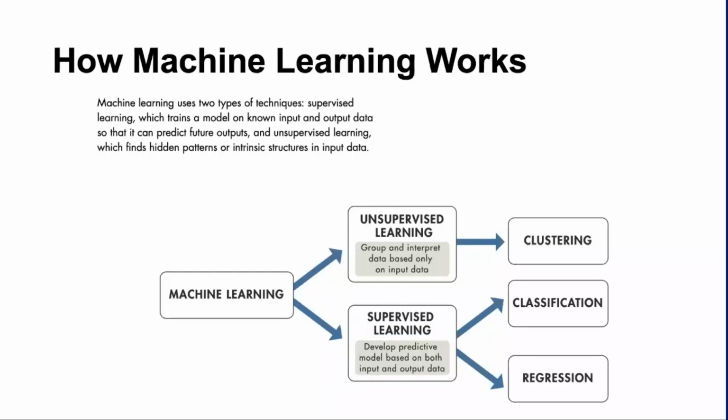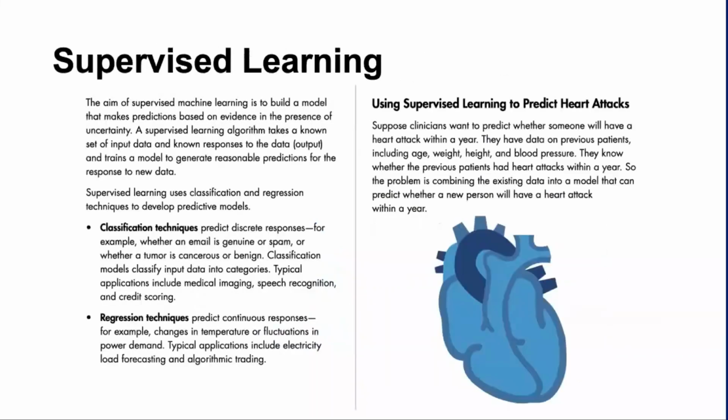But I think aside from clustering, there are also newly emerging learning models like anomaly detection for datasets that are unlabeled. So as I mentioned earlier, classification techniques are for predicting discrete responses, for example, if an email is genuine or spam, or if a tumor is cancerous or benign. So it's discrete, it is categorical.